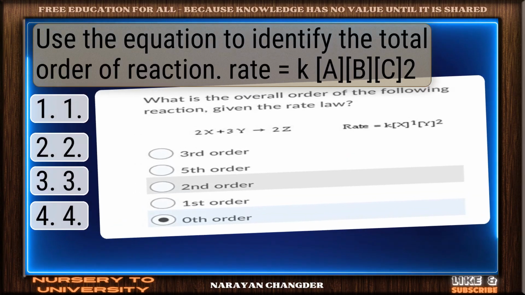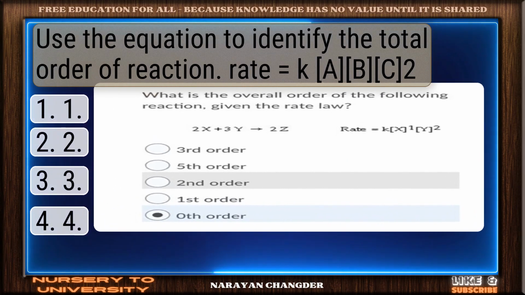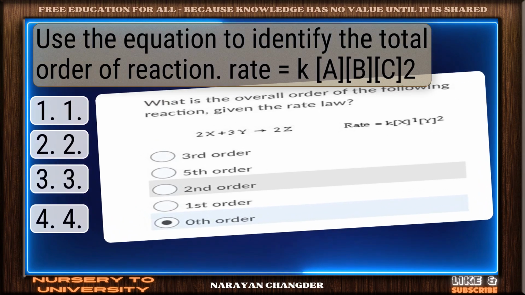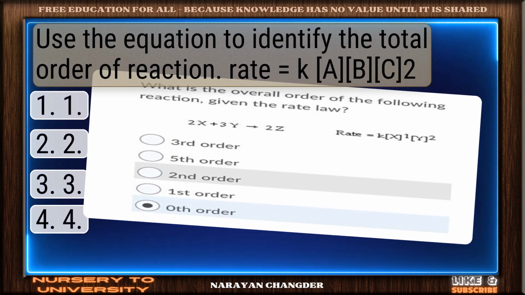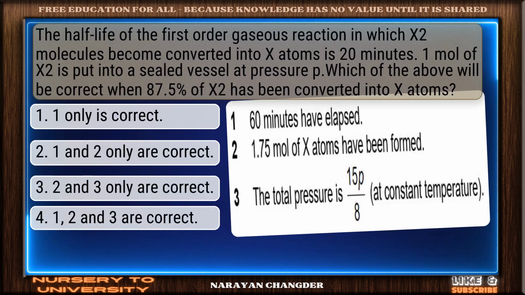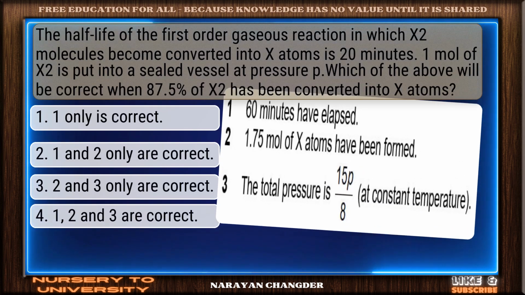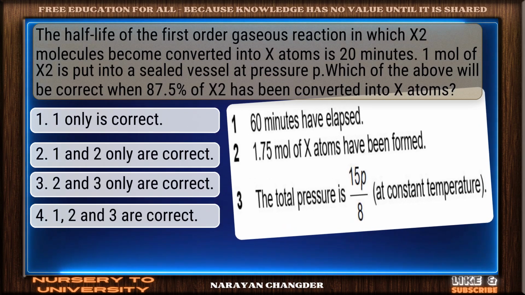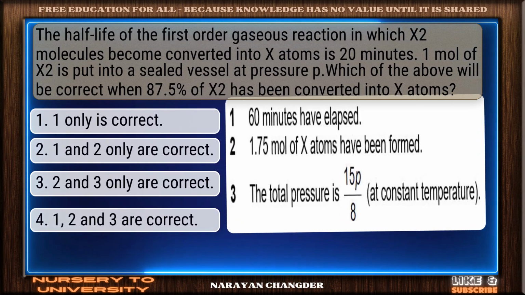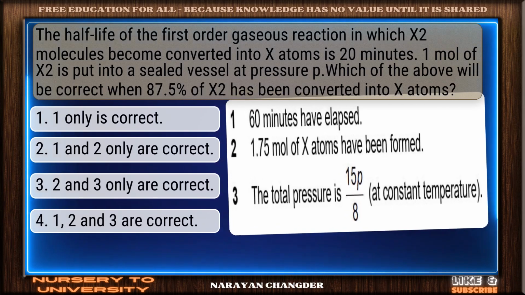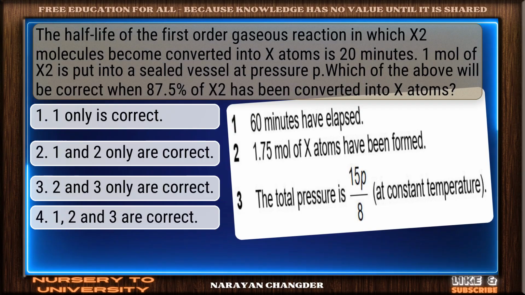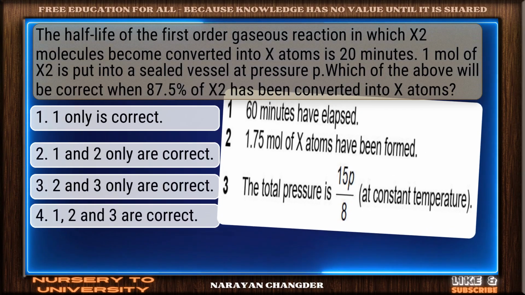Use the equation to identify the total order of reaction. Rate equal to k[A]^2[B]^2. Option 1, 1. Option 2, 2. Option 3, 3. Option 4, 4. You got it, 4. The half-life of the first-order gaseous reaction, in which X2 molecules become converted into X atoms, is 20 minutes. 1 mole of X2 is put into a sealed vessel at pressure P. Which of the above will be correct when 87.5% of X2 has been converted into X atoms?